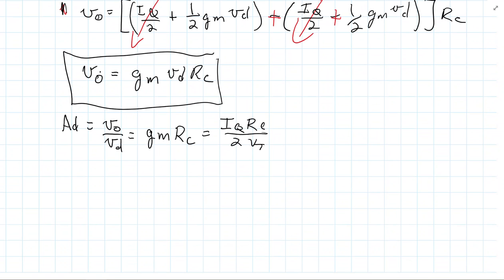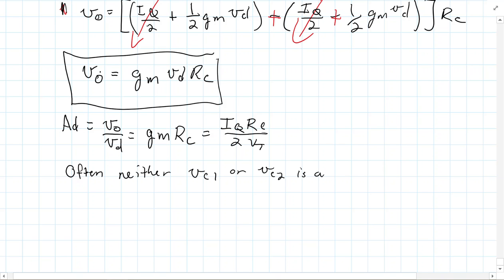Now, the problem here is that often neither VC1 or VC2 is at ground. And so we're taking an output voltage as a difference between two voltages, which is not bad, but what we often do here is what's called a one-sided output.